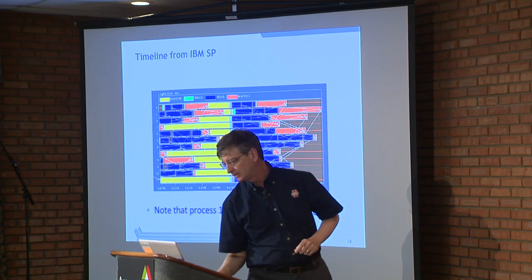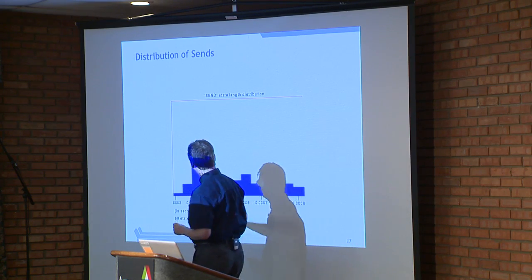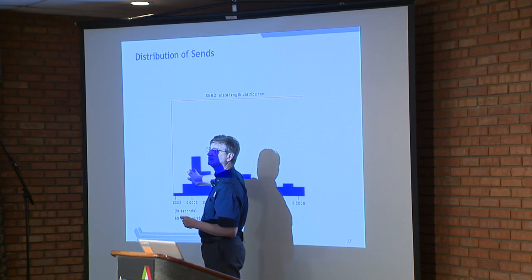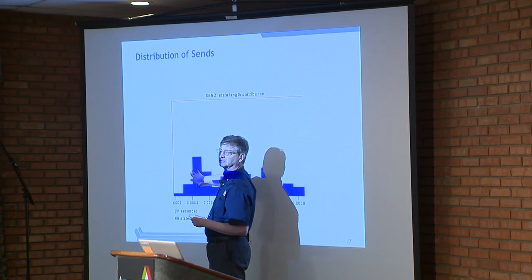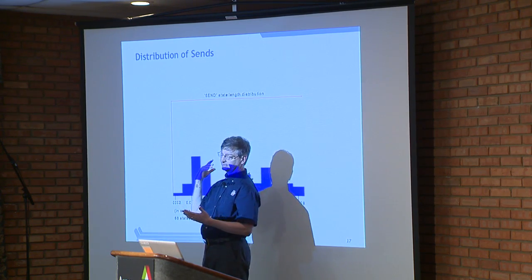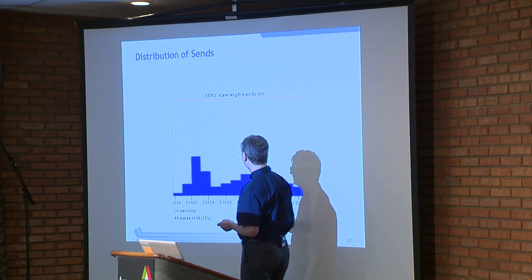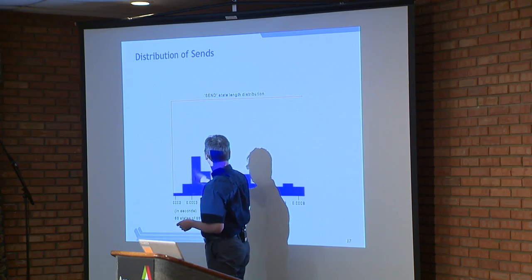If we do a histogram, what you see here is this peak here. These are the sends that ran about as fast as you would expect. In other words, they weren't contending with other processes trying to deliver to the same process, and that's at about 3 point something or other.